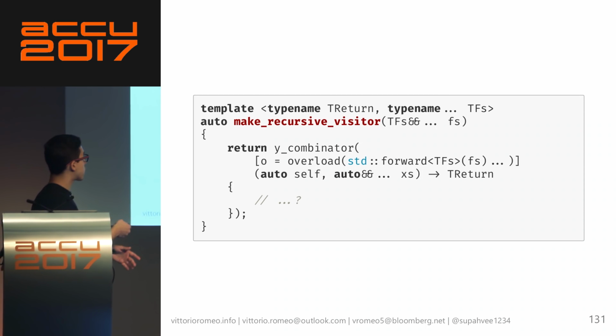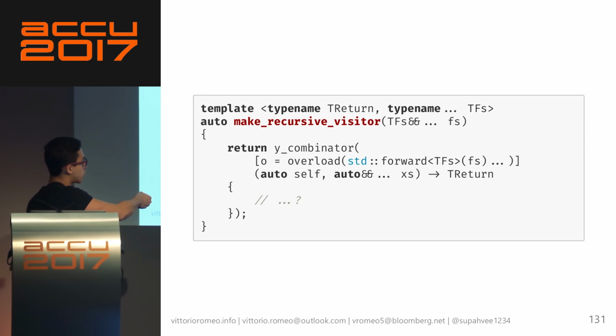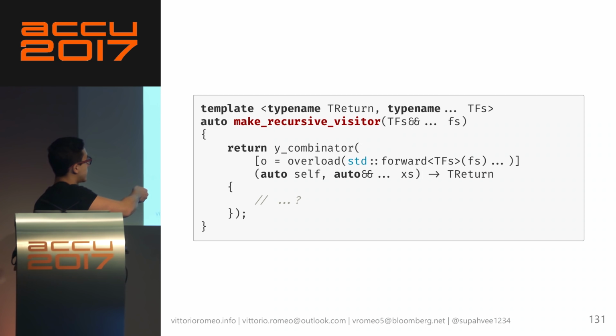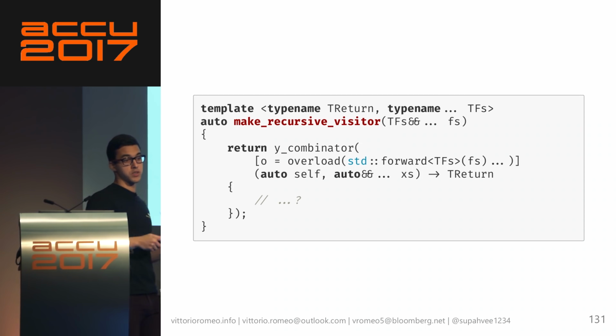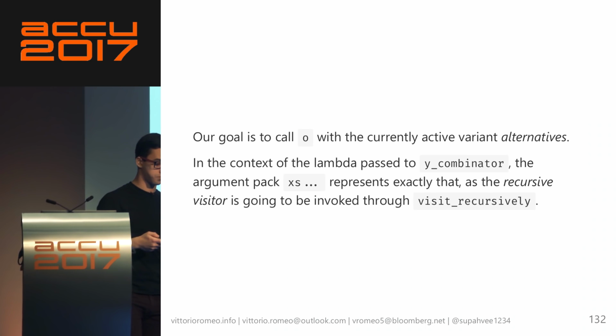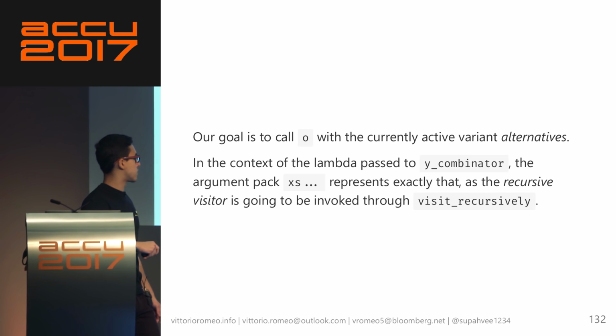But y combinator will get rid of the self parameter from the interface for us. So all the variants are going to be forwarded into this XS argument pack. So we have a way of getting the variants that we want to visit inside the lambda that we provide to y combinator. The pack XS will represent the variants we want to visit upon. And the recursive visitor is going to be invoked through visit recursively.